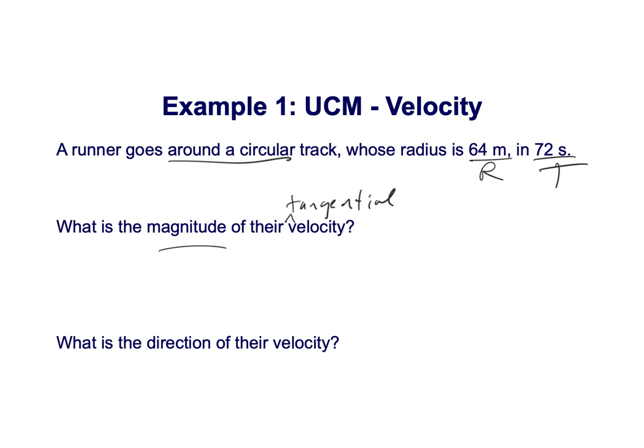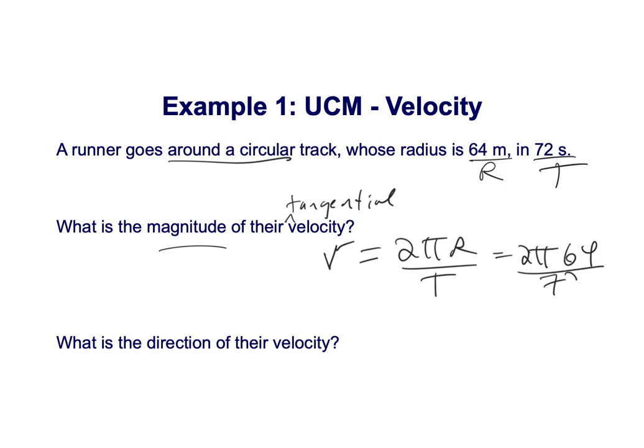V equals 2 pi r over capital T, so 2 pi times 64 divided by 72. I'm getting 5.58, so about 5.6 meters per second. What's the direction of their velocity? Well, it's tangential to the path.